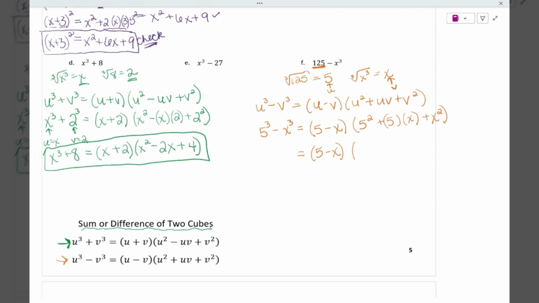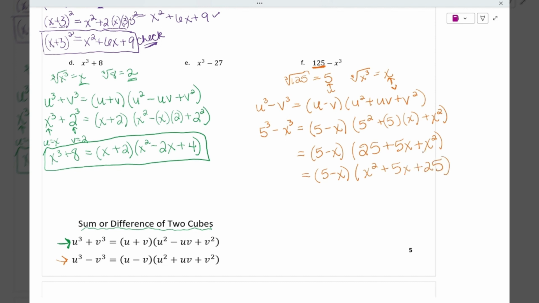So simplifying here, 5 squared is 25. 5 times x is 5x, and then x squared. So we want to rewrite these because normally we see the x squared term first. So we can do that. So times x squared plus 5x plus 25.